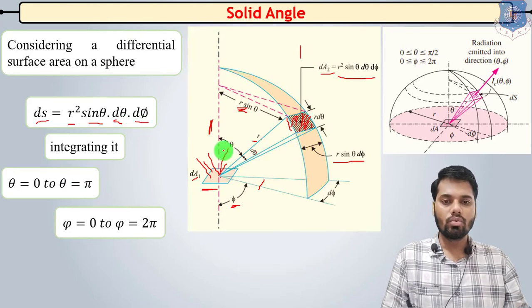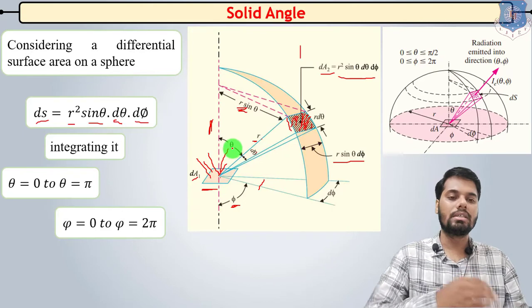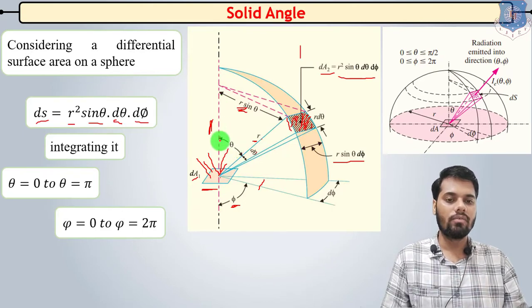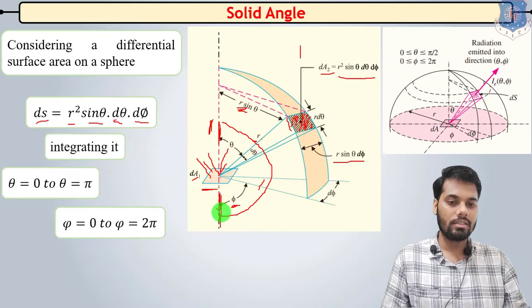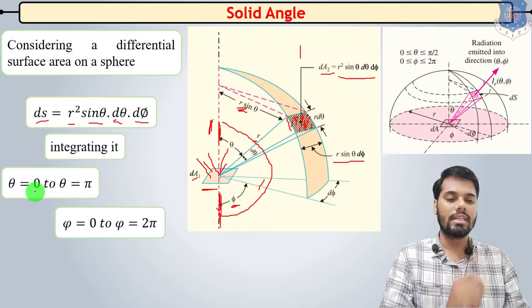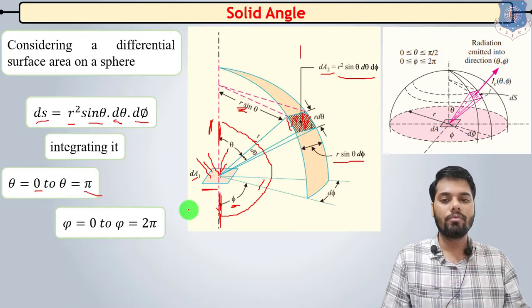We have two variables here, theta and phi. We know the limits of theta for the sphere. Suppose at this point theta would be 0, and from 0 to this point theta would be 180. So the limitation for theta, the zenith angle, would be from 0 to pi.